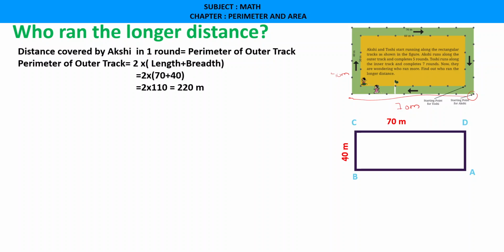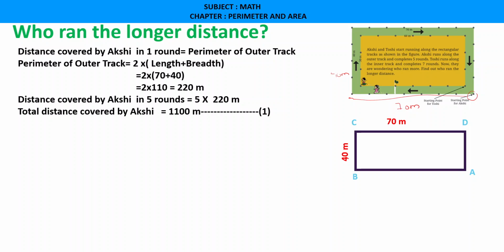So, for one round, Akshi completes 220 meters. Distance covered by Akshi in 5 rounds is equal to 5 into 220 meters. So, the total distance covered by Akshi is equal to 1100 meters, because 5 into 220 meters is 1100. Consider this as equation 1.